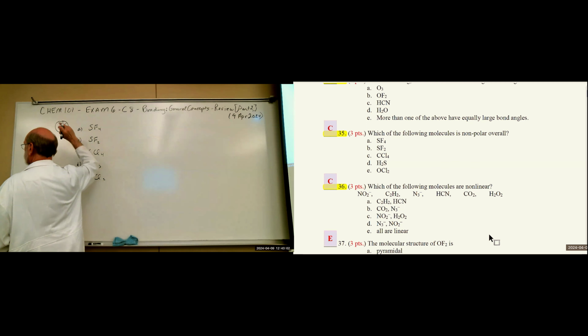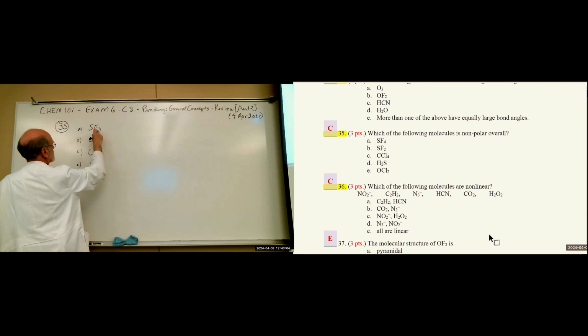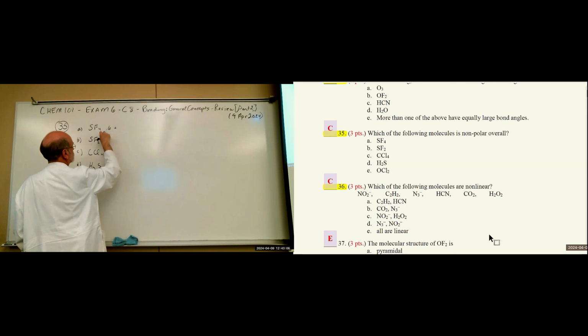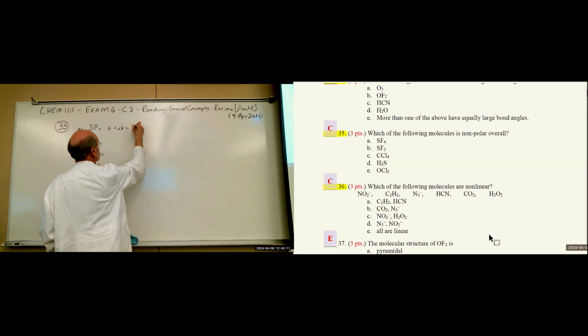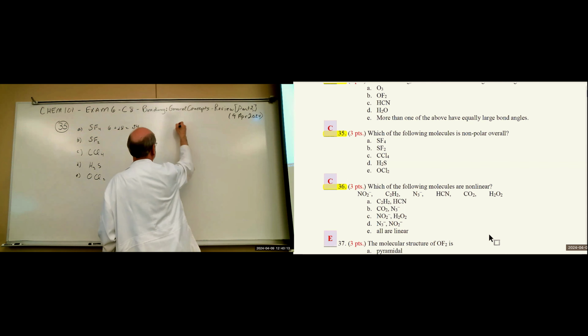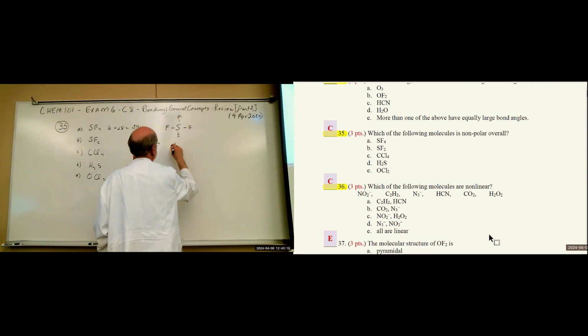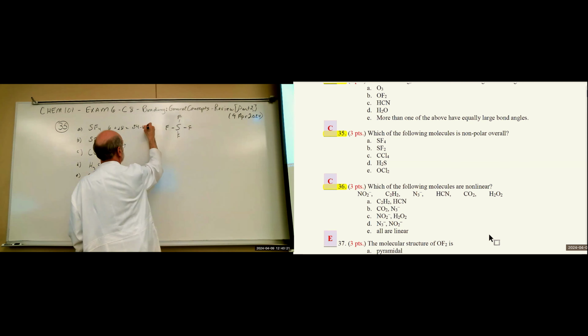All right, so sulfur is 6. 6 plus 4 times 7 is 28, which is 34. So we have a sulfur in the middle, and fluorines here, here, and here. That's 2, 4, 6, 8. It's 26.